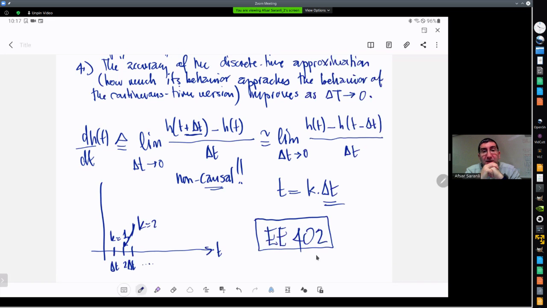But there are algorithms called predictors, which, given other information, can actually make predictions about the future based entirely on data from the past.